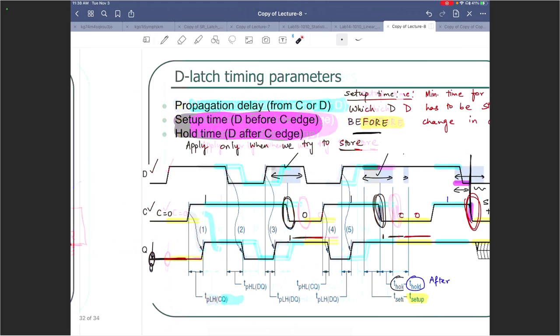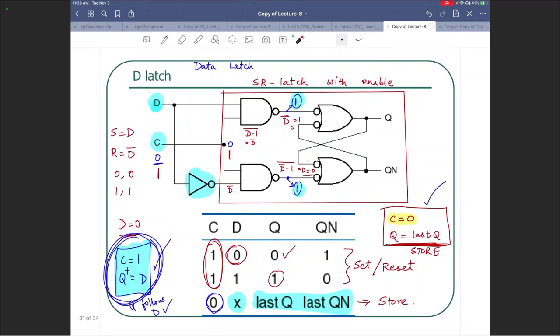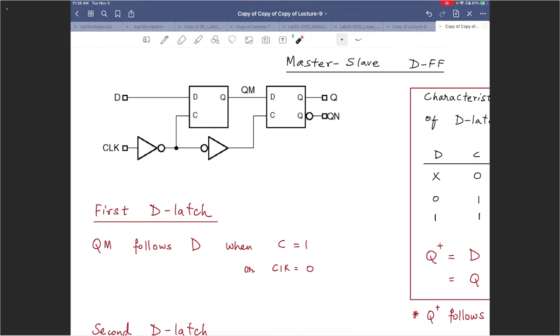So when I say D latch, I'm referring to this. It's level sensitive. You see, when C is 0, I store. When C is 1, I can change. That is level sensitive behavior. So each of them are all those things. In this one, I have 4 2-input NAND gates plus 1 NOT gate. Over here, I have 4 2-input NAND gates and then 1 NOT gate.